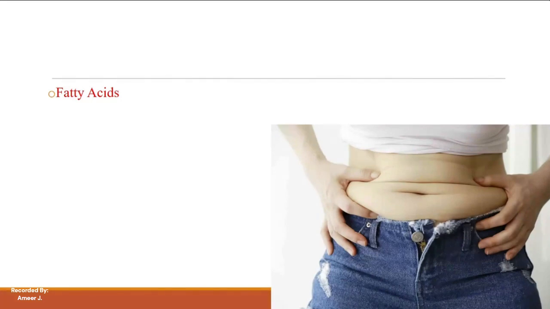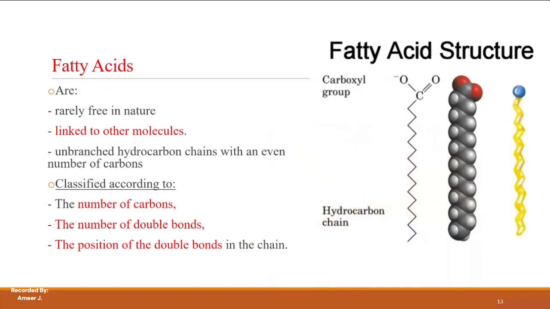The most important characteristics of fatty acids: they are rarely free in nature, linked to other molecules, an unbranched hydrocarbon chain with an even number of carbons. Fatty acids are classified according to the number of carbons, the number of double bonds, and the position of double bonds in the chain, with a hydrophilic carboxylic acid head group, as you can see in the figure.